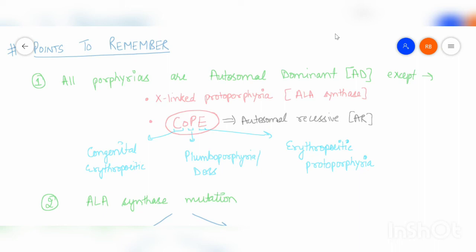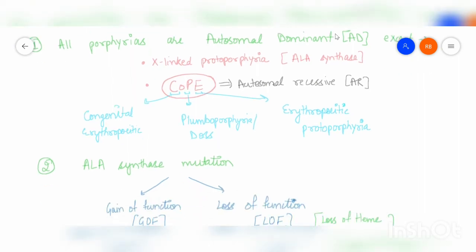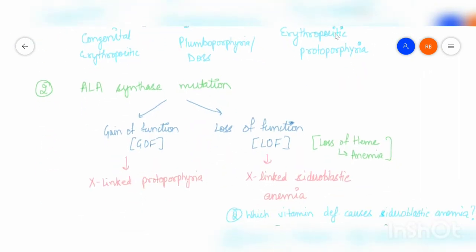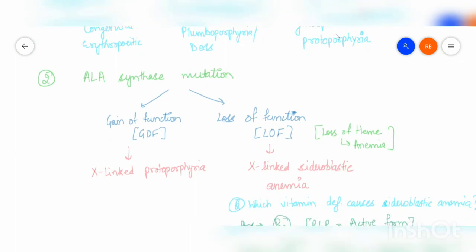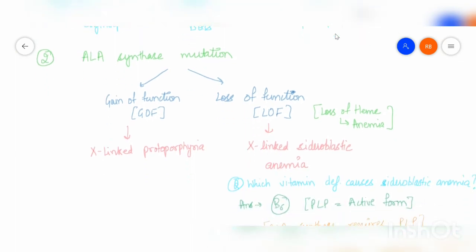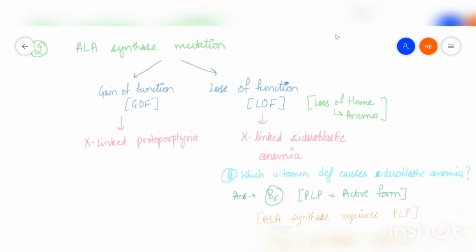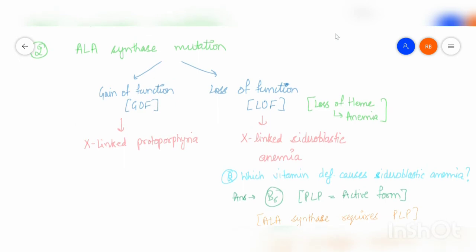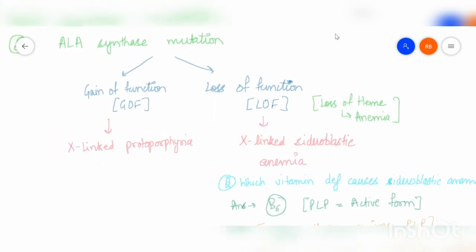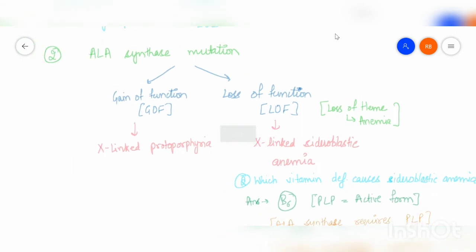And you can also remember that autosomal recessive will present earlier in life than autosomal dominant ones. Okay, coming on to the next point, that is ALA synthase mutation. Both of the mutations will be X-linked only. First mutation is gain of function mutation and second one is loss of function mutation.